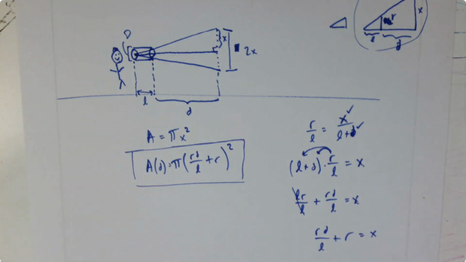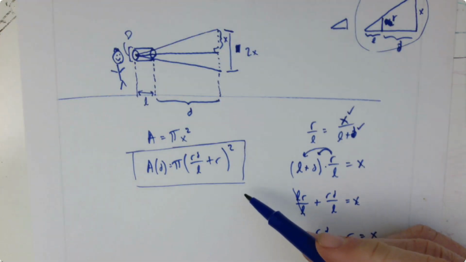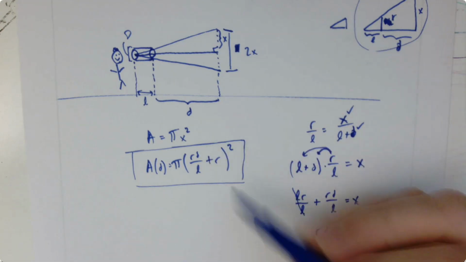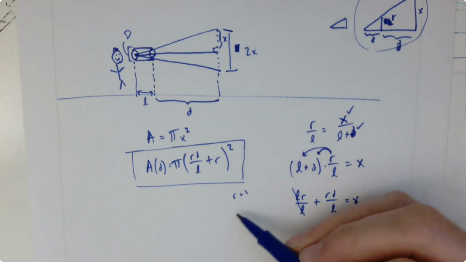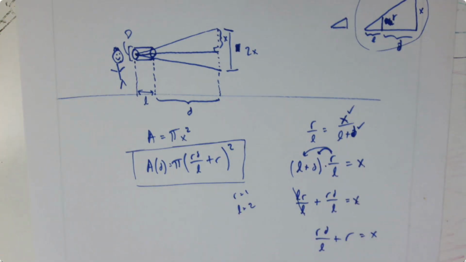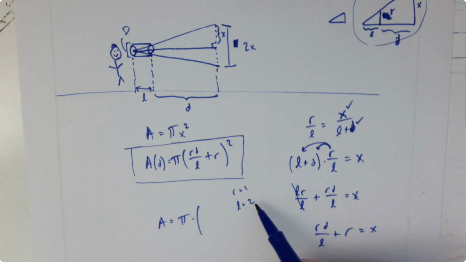Okay, cool. So what family of functions is this? Let's remember what's actually our variable here. Let's pretend like R is 1 and L is 2 for a second. You could imagine plugging this in and it'll be a lot more obvious what the family of functions is. So that would be like pi and then R is 1.